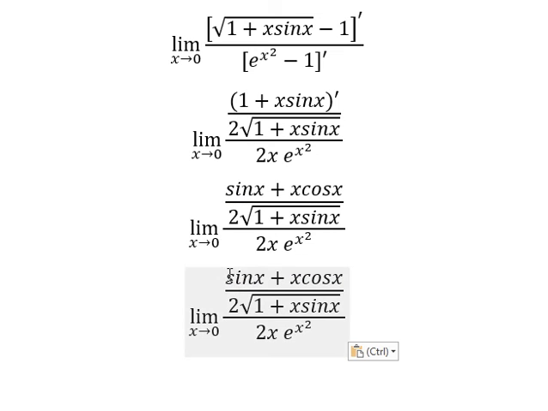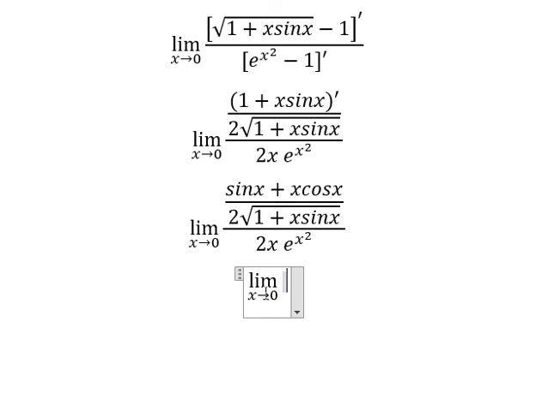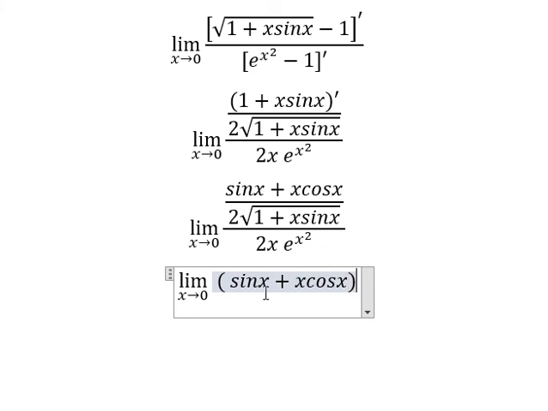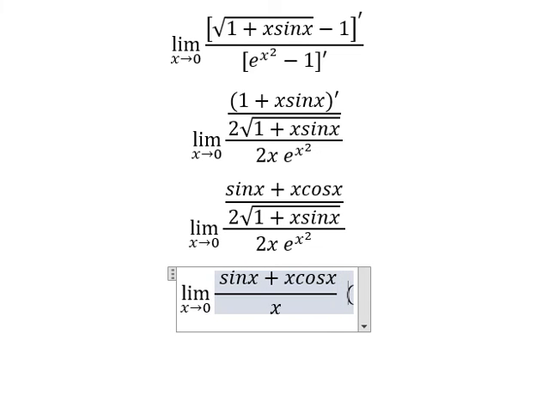And now I will put sine s and s cosine s over s, with s going outside. So we have it like this. And this one we can put like this.